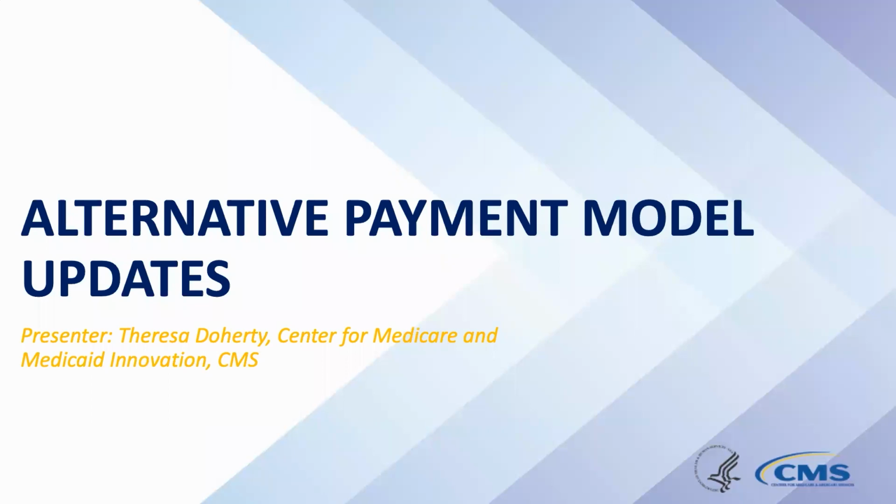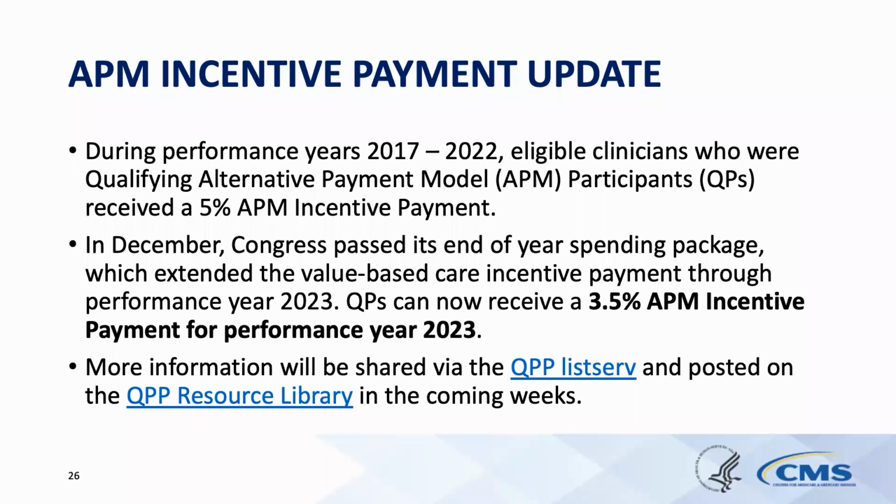Thanks, Dan. You can go to the next slide, please. So for the APM incentive payment, currently for performance years 2017 to 2022, eligible clinicians who were QPs received a 5% APM incentive payment.